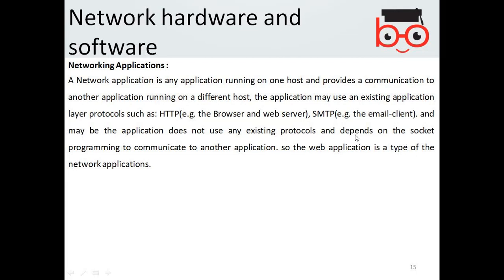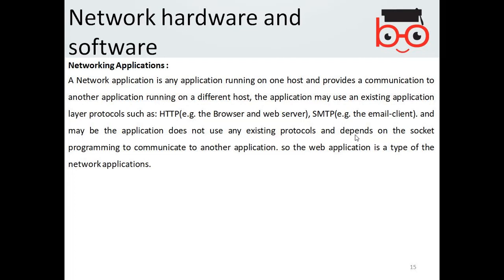That application can use an application layer protocol. If you refer to the OSI model, it has 7 layers, and any communication passes through those abstract layers to get communicated. Otherwise, you cannot communicate.